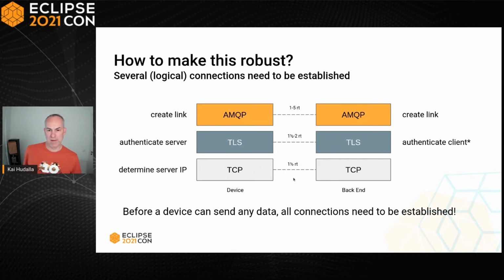So if you add them up, then you end up with, I don't know, 4 to 9 round trips. And all of these connections need to be established before your device can actually send some reasonable data. So it makes sense to make sure that you do not need to do this too often. And if you do that, it has a good chance of actually working at the first attempt.